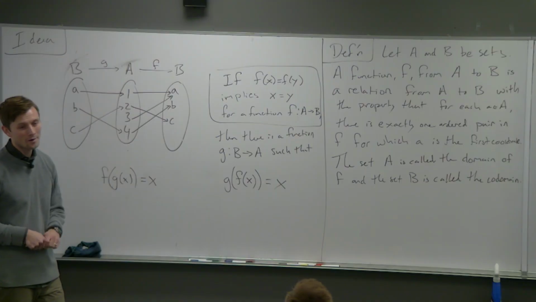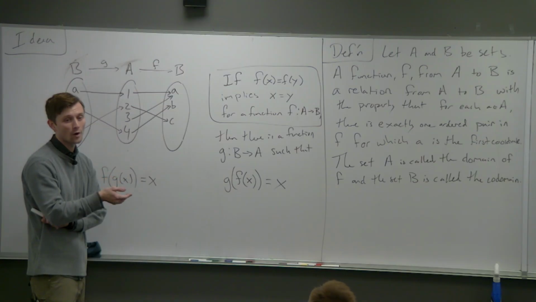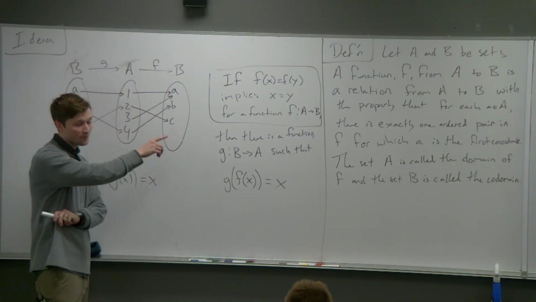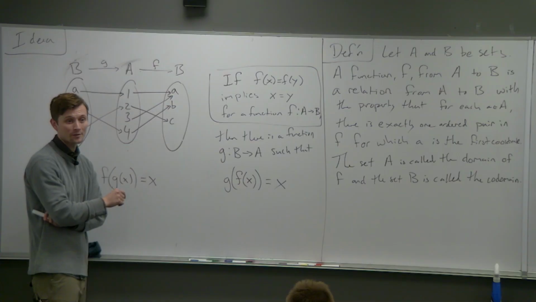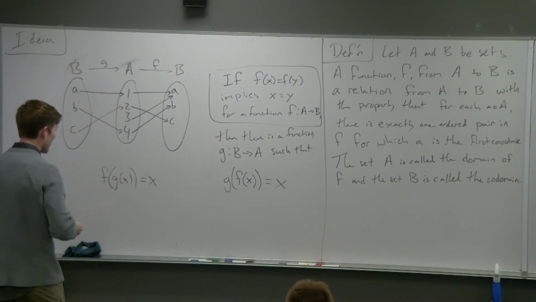So before, we had some things on one side being hit more than once. That ruined it. Here, what can ruin it? Well, we saw it from the previous example. It's some things not getting hit, right? Surjectivity. Yeah, exactly. This is called surjectivity.